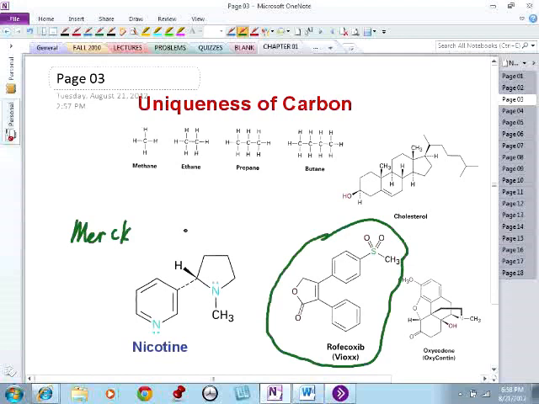I think they had to pay close to about $1 billion in lawsuits because this is supposed to be a painkiller, but it has so many bad side effects. I think in 2004 it had to be pulled off the market. But the point to be made there is that carbon-containing compounds can also very often have biological activities.